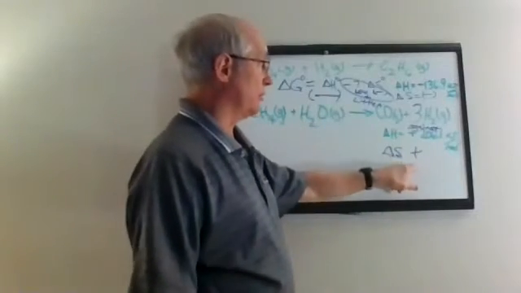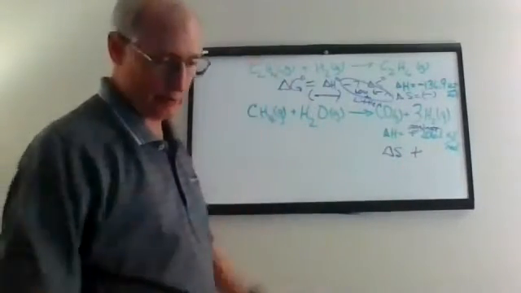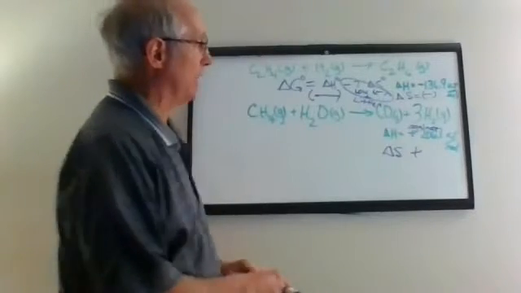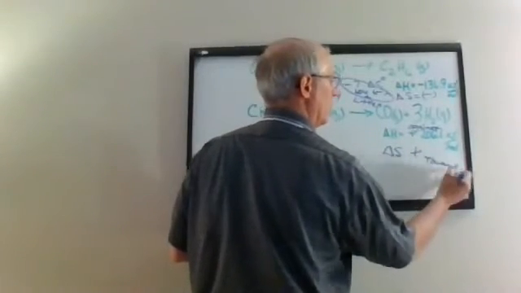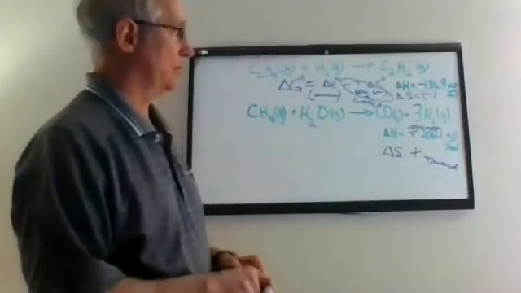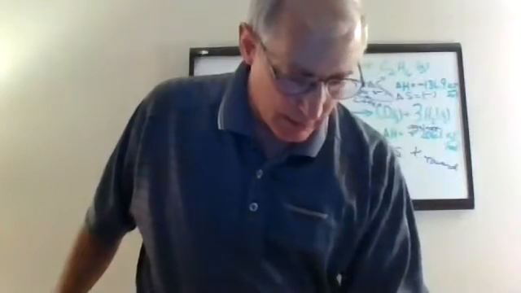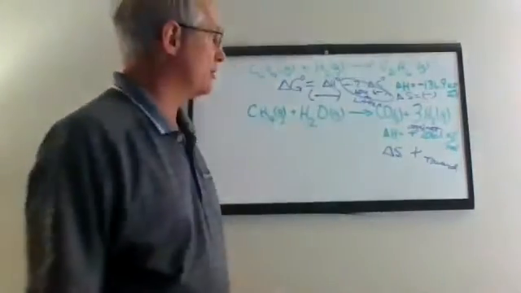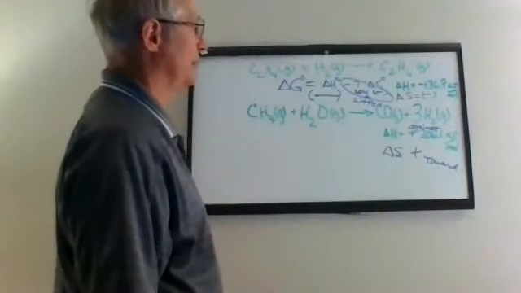And this is working toward driving toward greater randomness. And which one wins? Well, when you've got 2 positives, you can look on the table down there. It depends. If it's at higher temperatures, then this one will become spontaneous.